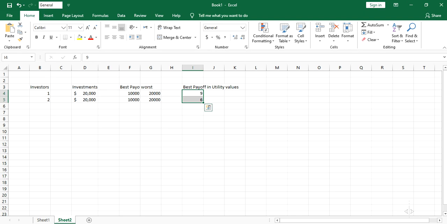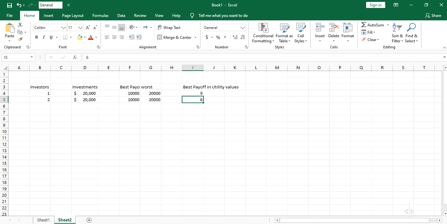It's monetary values. But when you have two investors, what does this mean? It means within this situation, either to lose all your money or earn $10,000, investor one is satisfied by, let's say, 9 points. But investor 2 is not satisfied as investor 1, and he or she gives 6 points for this investment.